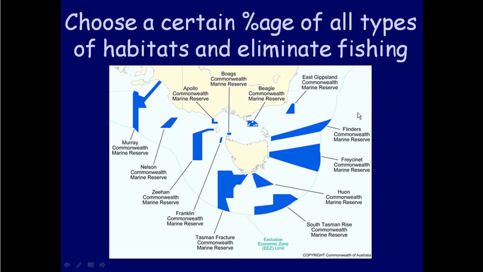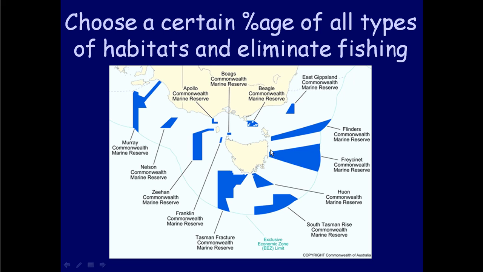This is something that's been proposed for the area in southern Australia, around Tasmania. These would make up something like 10 to 20%, or probably about 20% of this area. It looks like a little more than 10%, but if you look at all of the ocean, then you're talking about 20% of the representative habitat that is going to be found in this area.